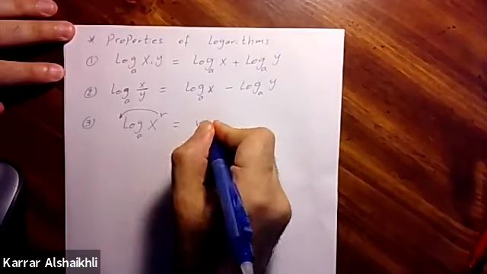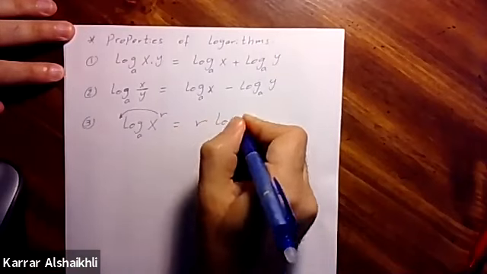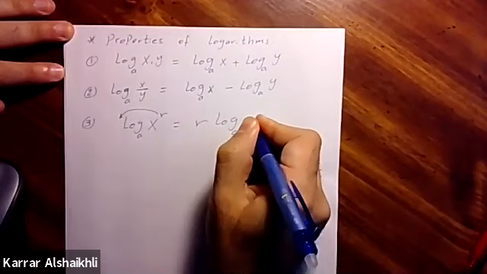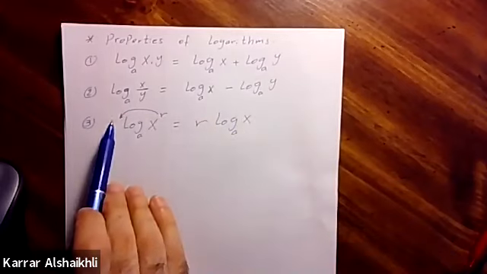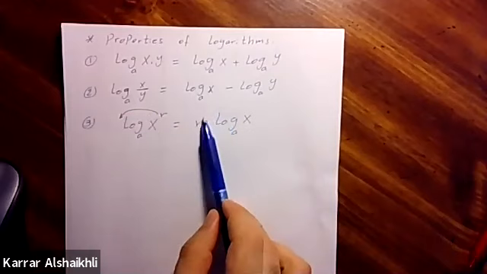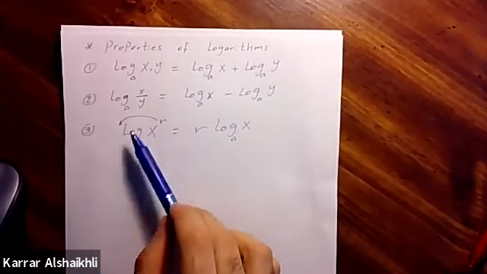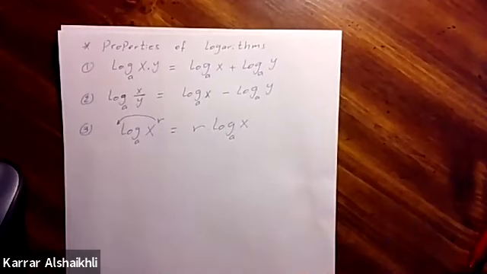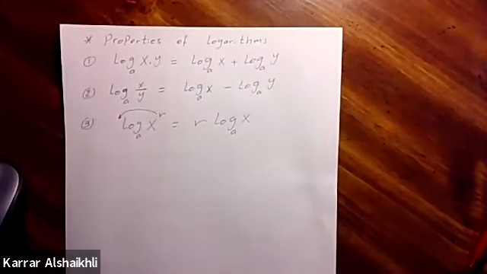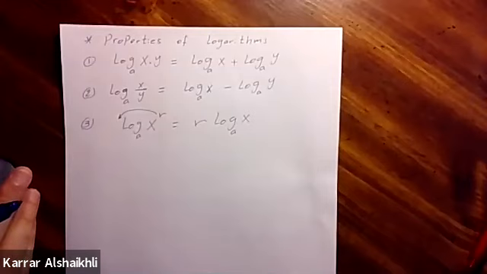So it's going to be r log to the base a of x. If you have this part, you can convert it to this part, and the other way around. It depends on how they ask you. So here are the first three rules.